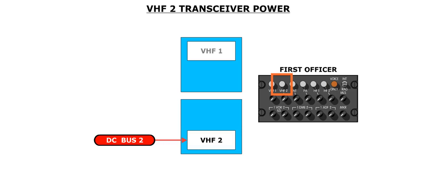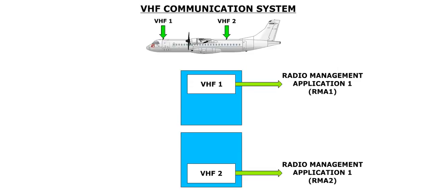The first officer's transceiver, VHF-2, is powered by DC bus 2. Each transceiver is connected to an associated antenna, and the radio management application.